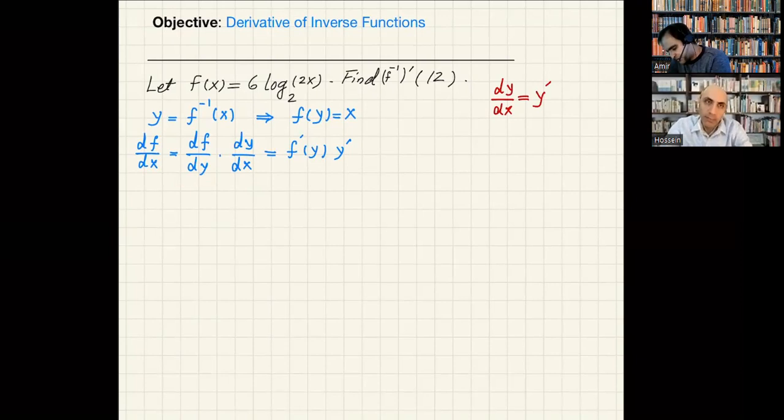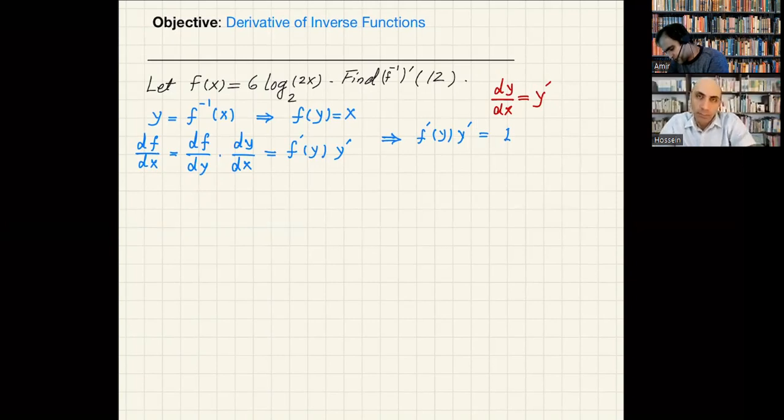So with this, if we take the derivative of both sides, we get f prime of y times y prime is equal to 1. 1 is the derivative of x with respect to x.